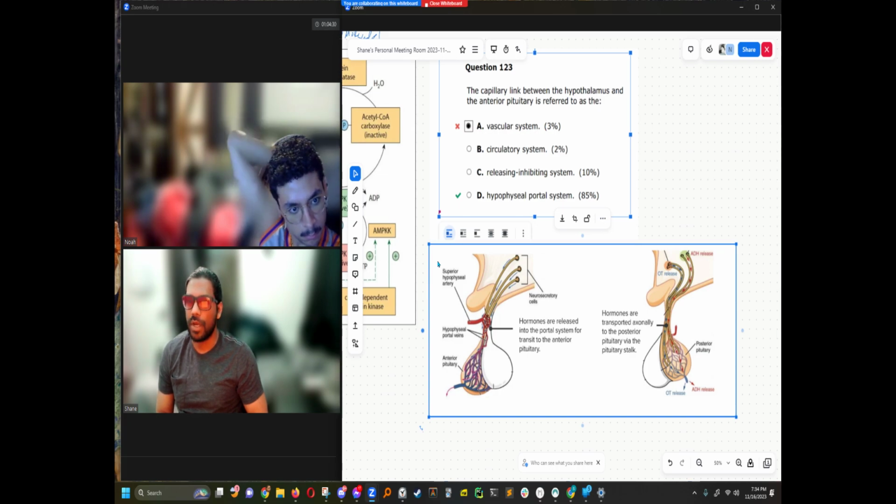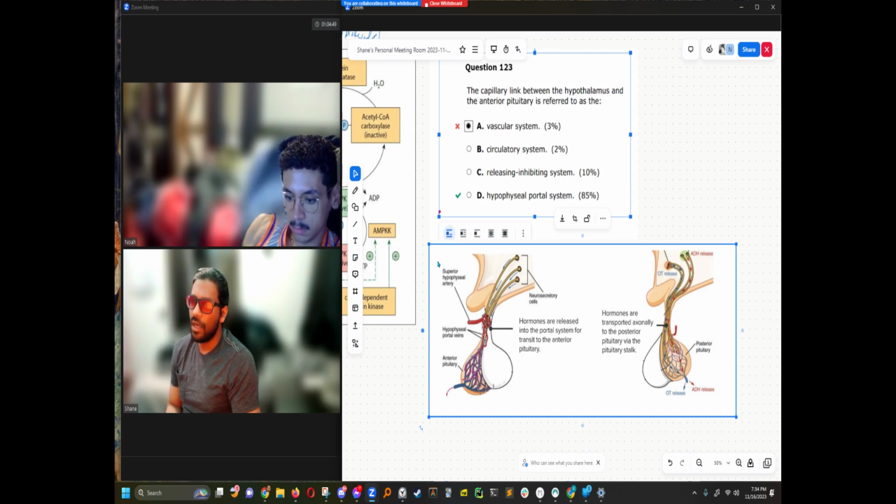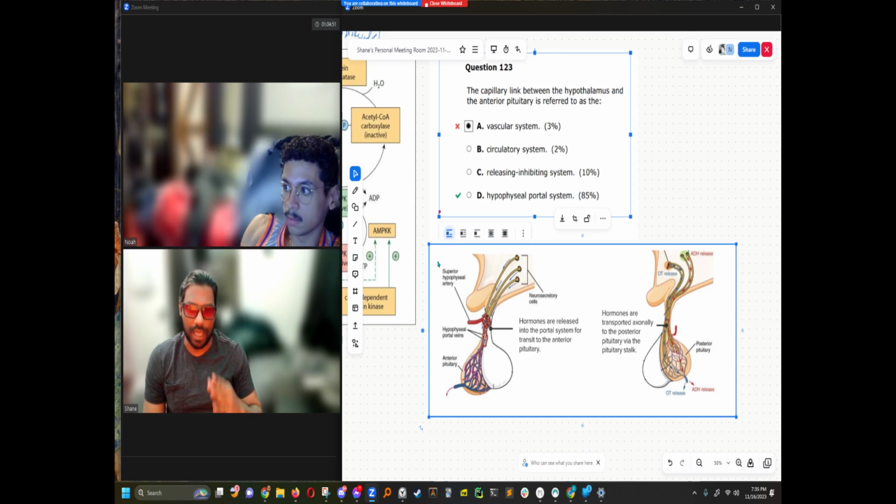Now, for the question, the vascular system is going to be the bloodstream. Circulatory system is just another way of saying blood system. But since they're asking for something very specific here, we're not going to have A or B be our answer.